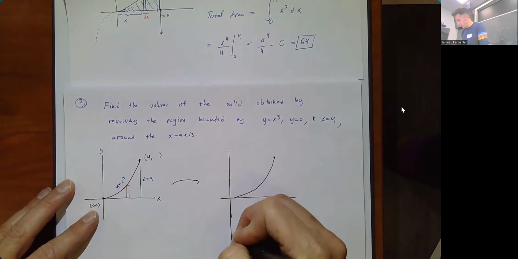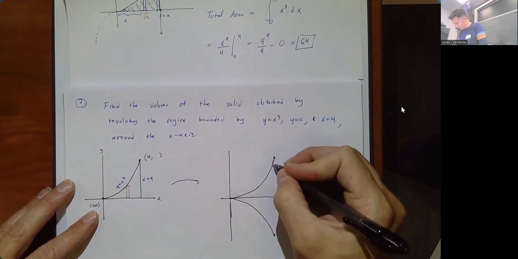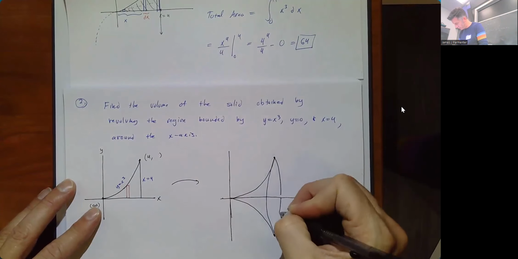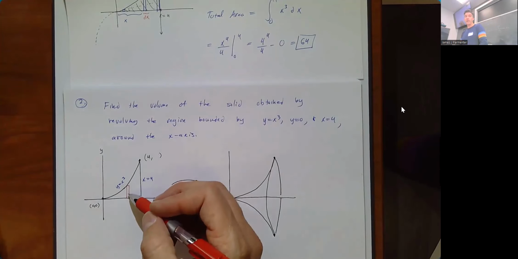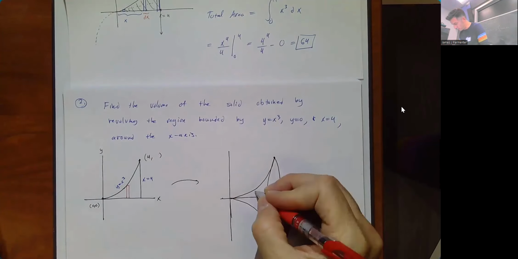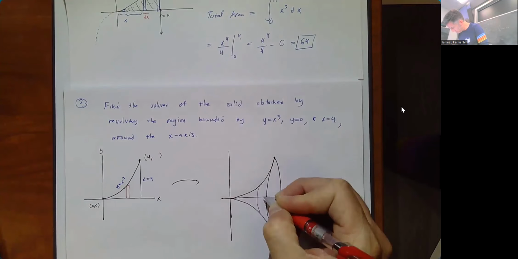So I'm just going to draw the same thing, but down here. I'm imagining this revolving around and creating some sort of weird looking shape. Specifically though, this little thin rectangle, if you revolve it around 360 degrees, is going to look like a disc. You're going to get some shape that looks like this.